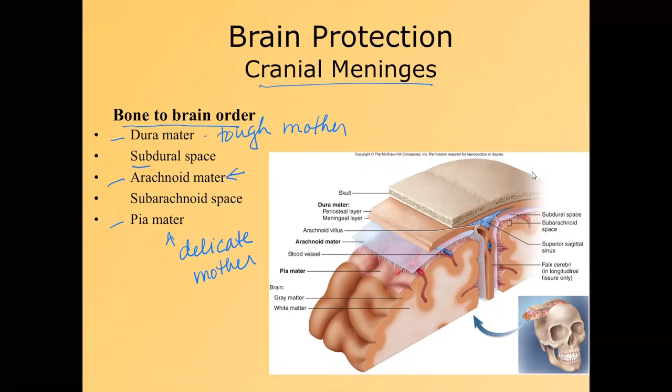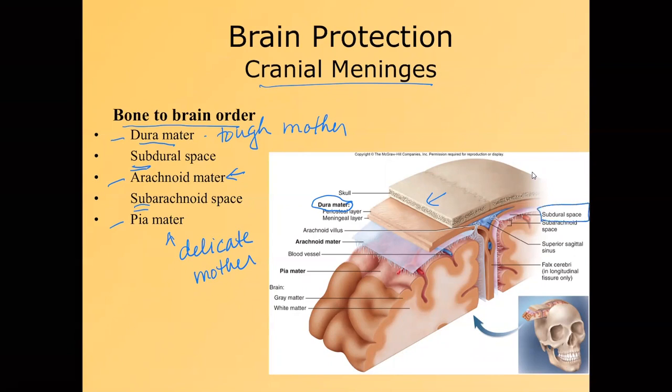Sub always means it's below something. So the subdural space is below the dura mater. That makes sense, right? The subarachnoid space is below the arachnoid mater. Here's the skull, and then the next layer, if we go in from the skull, is the dura mater. Then we'll have a subdural space.